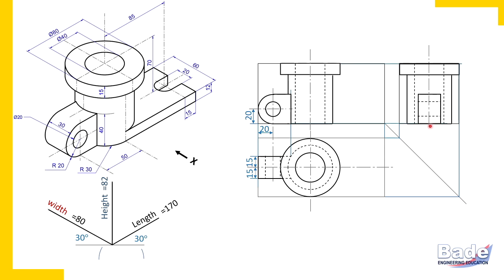Now you tell me, how we should proceed. Wait, there is one more part, but before that, do you remember one instruction I have given you? Cylinder or cylindrical hole, where it appears a rectangle, you should draw its axis. So watch here, this is the axis of the hole.